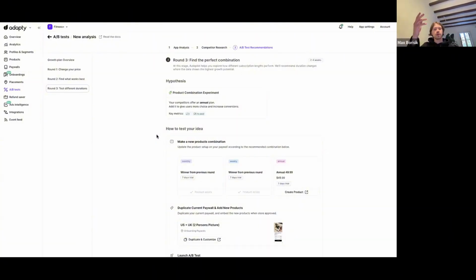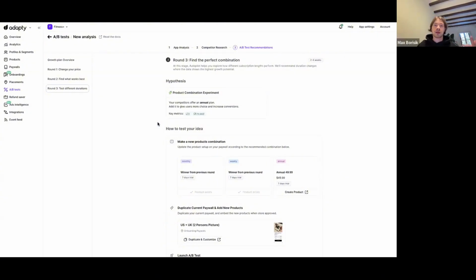So everything I've told in the presentation before, we want to add here, so it will be possible for you to get kind of an infinite amount of hypotheses, but they won't be just random. They will be based on real knowledge of how it should work and how we can get the best uplift for your app. So that's where we want to go, and that's what's already live.